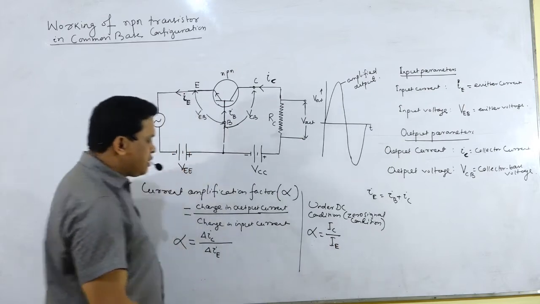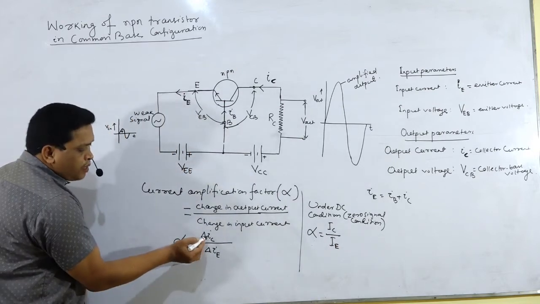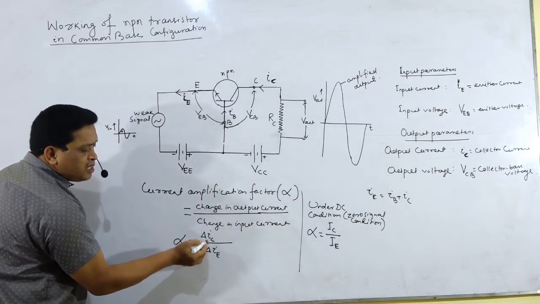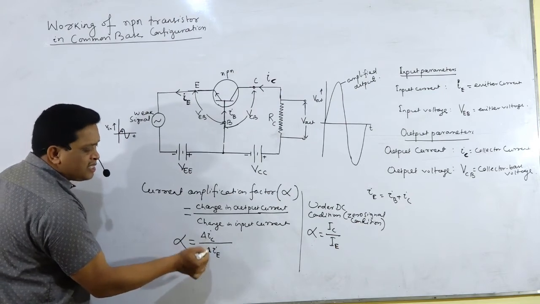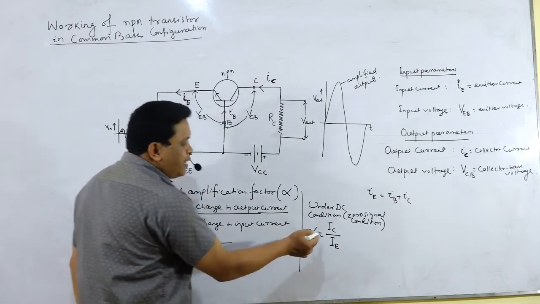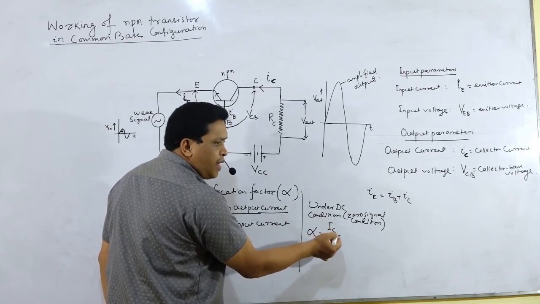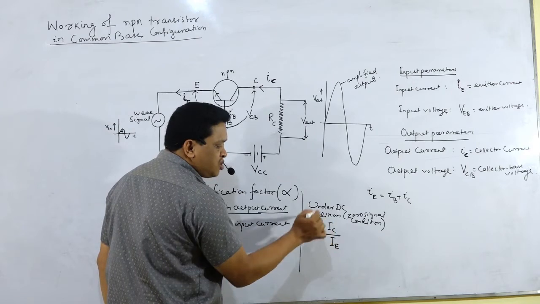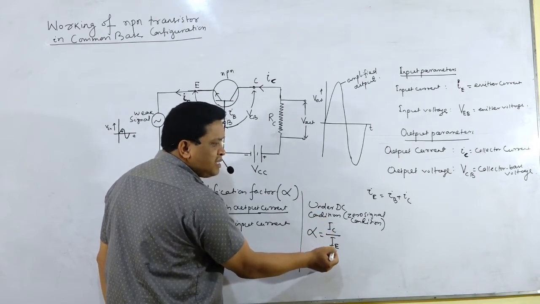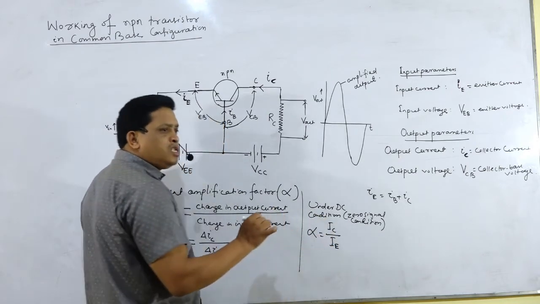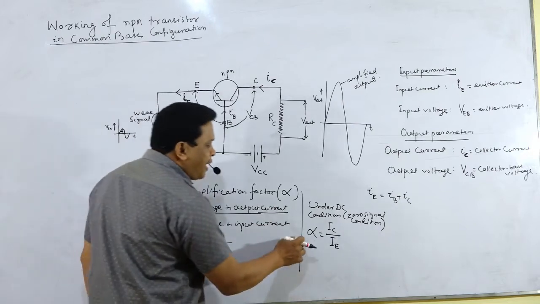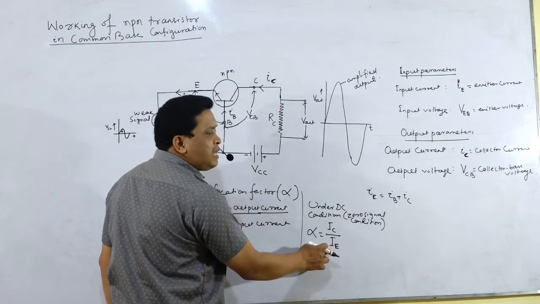I make the symbols capital. See the small i is the current under AC signal, and when DC is flowing, IC is the output current under DC zero signal condition, and IE is the emitter current under zero signal condition. So alpha equal to IC by IE.